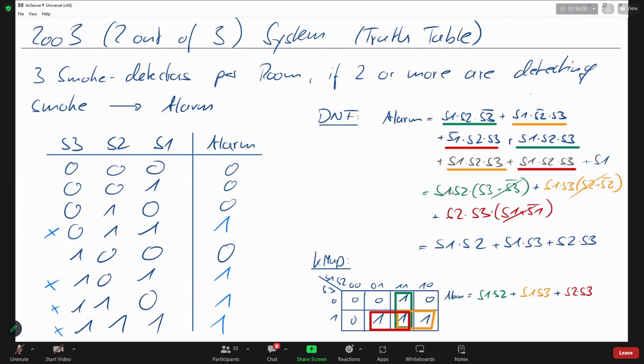Because then you would get a 1 here, sorry, here in addition. Because then it would only depend on S1. So if you're adding something, you have to add something which is not changing the truth table. And I added here something which is not changing the truth table because it is already there. Clear?